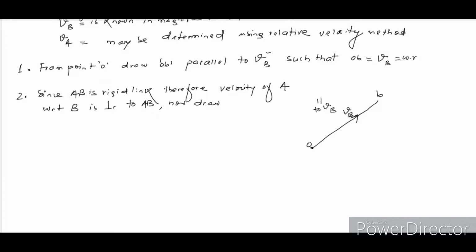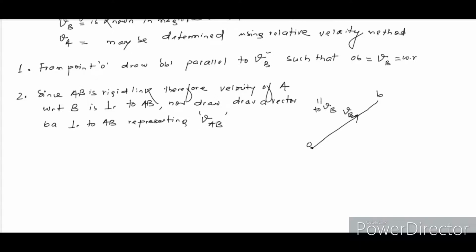So draw a vector ba, perpendicular to AB, representing VAB, meaning velocity of point A with respect to point B. This is the relative velocity.